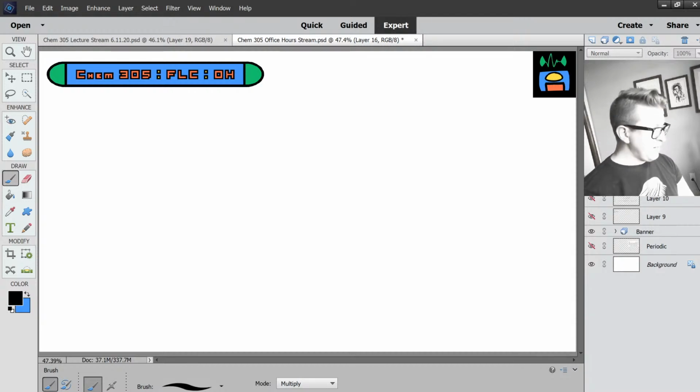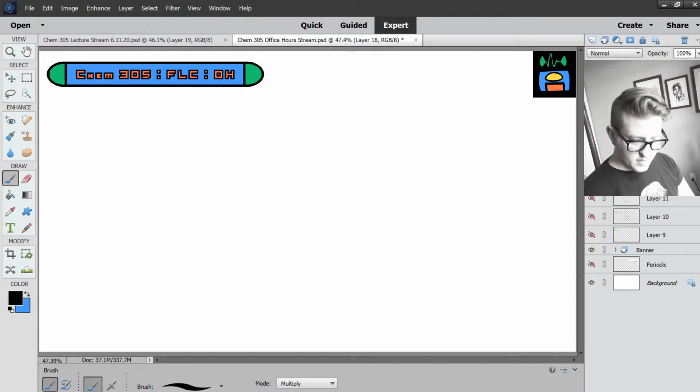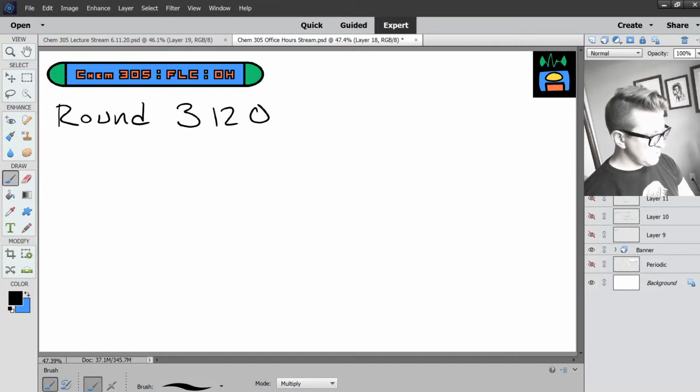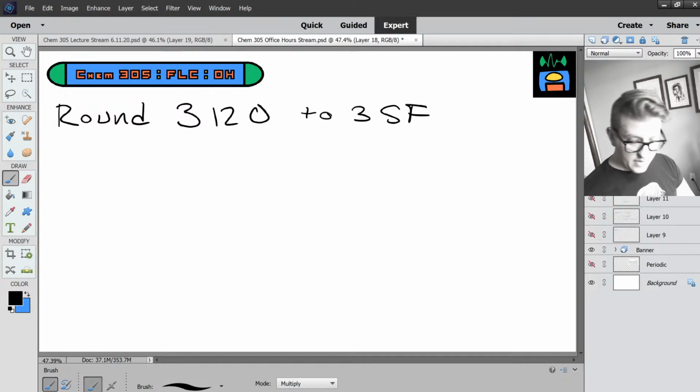It's awesome. All right. So if you wanted to round, no. Let's open a new tab. So if we wanted to round to 3 sig figs, turns out that this number only has 3 sig figs.